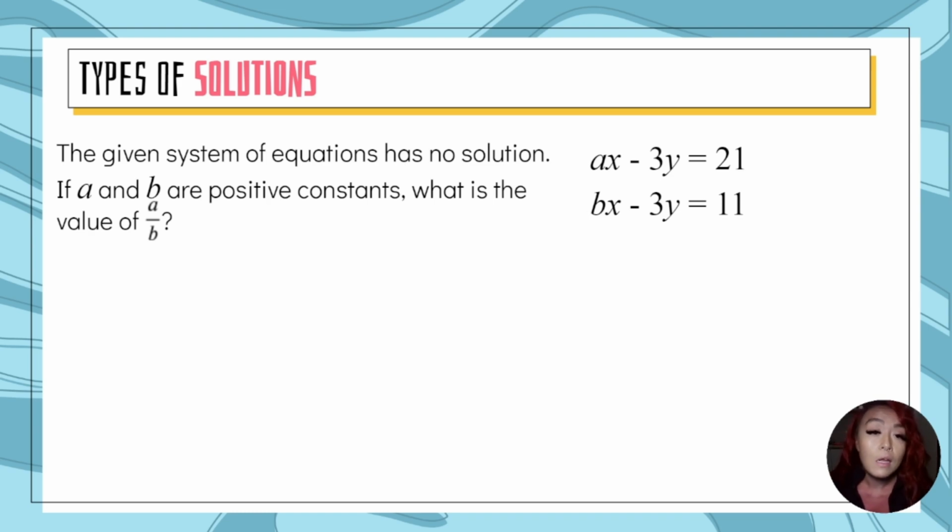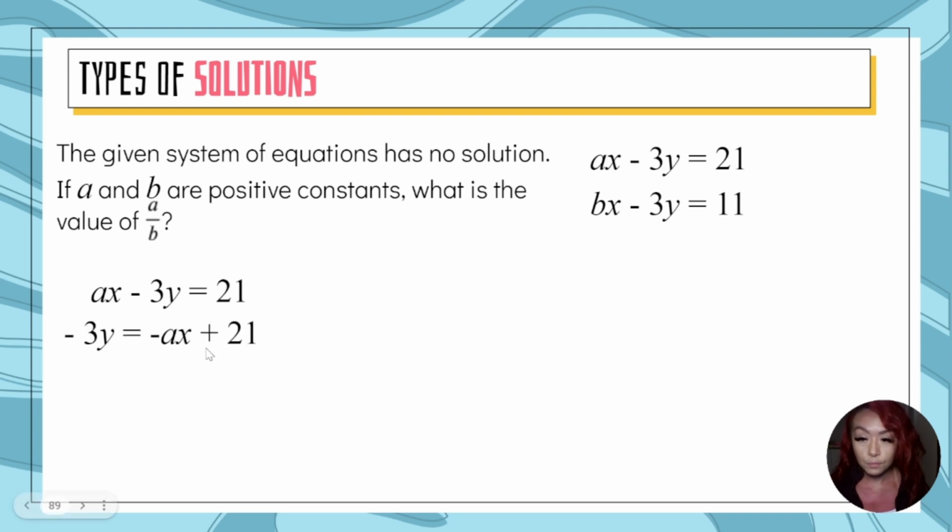That means both of the equations have to have the same slope. So let's solve both equations for y and put them into slope-intercept form, because we need to look at the slopes here. Using inverse operations, we're just going to solve for y.